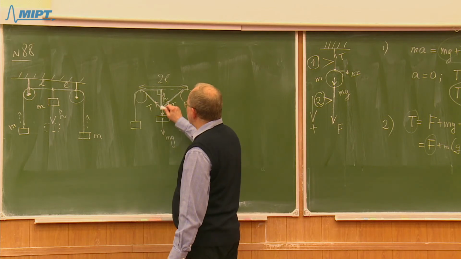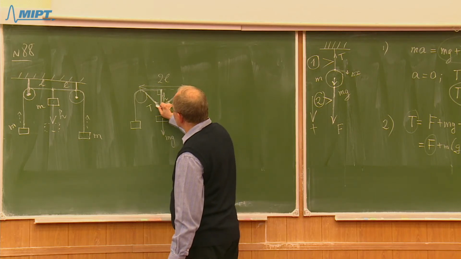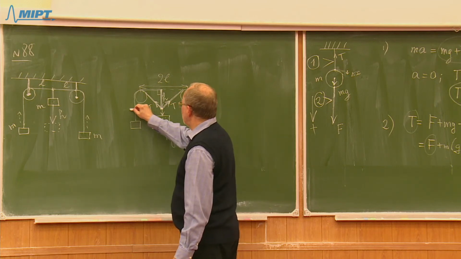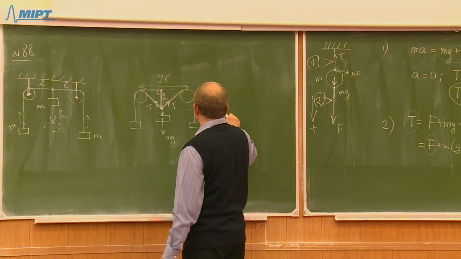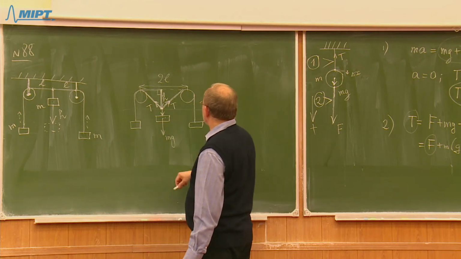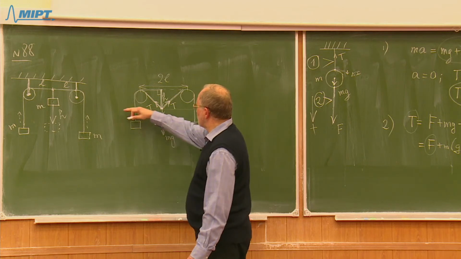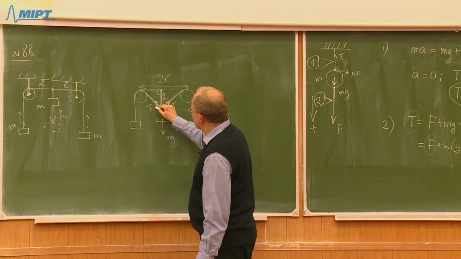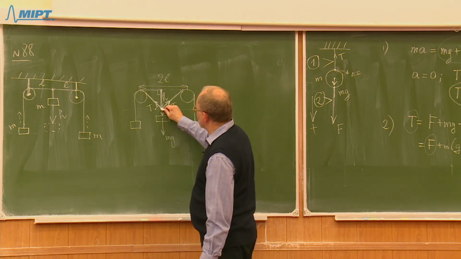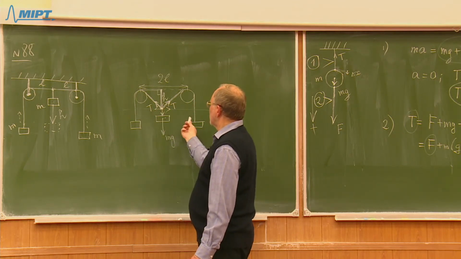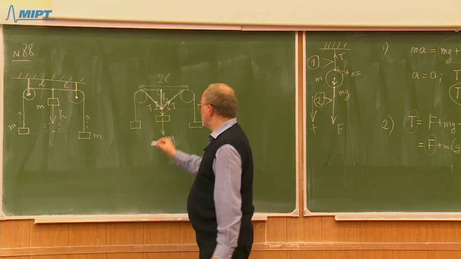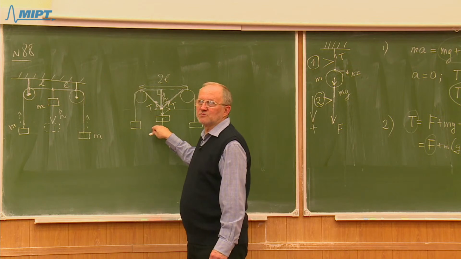By the way, it means that the force of tension in one string should be equal to the force of tension in another string. Because if we consider the horizontal axis and the projections of all the vectors on it, then these two projections look in different directions, and if they were unequal, this body would move, but it doesn't move.